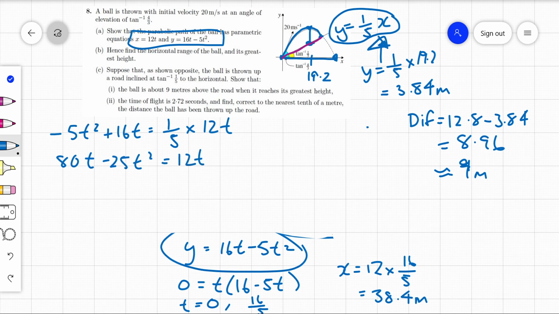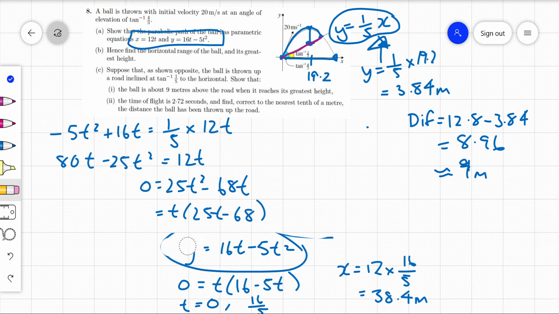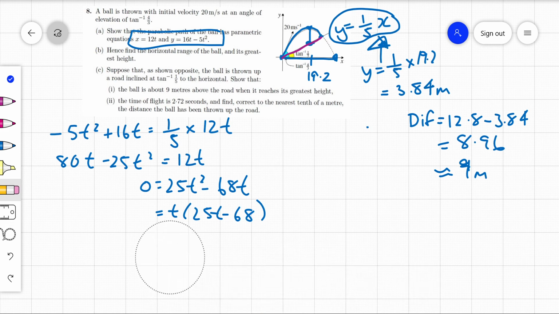All right, putting it all on one side, we're going to get 25t squared minus 68t. If I factorize that, I get t times 25t minus 68 there. So you can see that's going to happen when t is 0, which you'd expect they would meet when t equals 0, but they also meet up here.